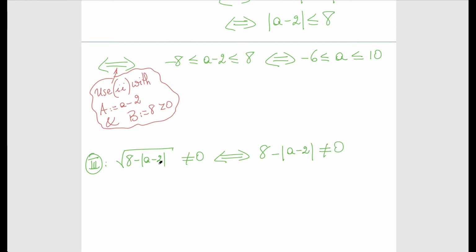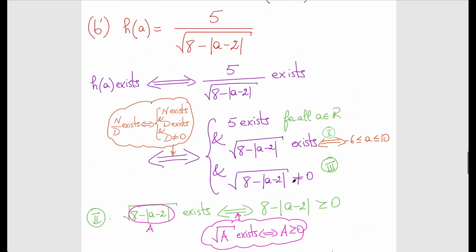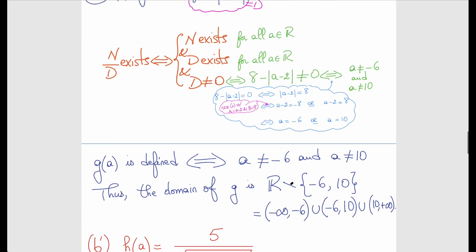Because the only time the square root of something is 0 is when the radicand is equal to 0. If you don't want this to happen, you don't want the radicand to be 0. Okay, but we've done this before, right? We know exactly when this is 0. It was discussed right here. It's 0 when a is minus 6 or a is 10.